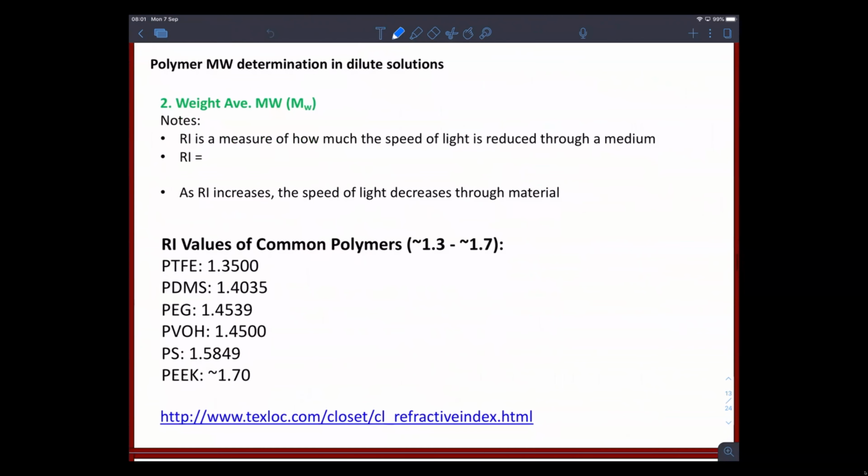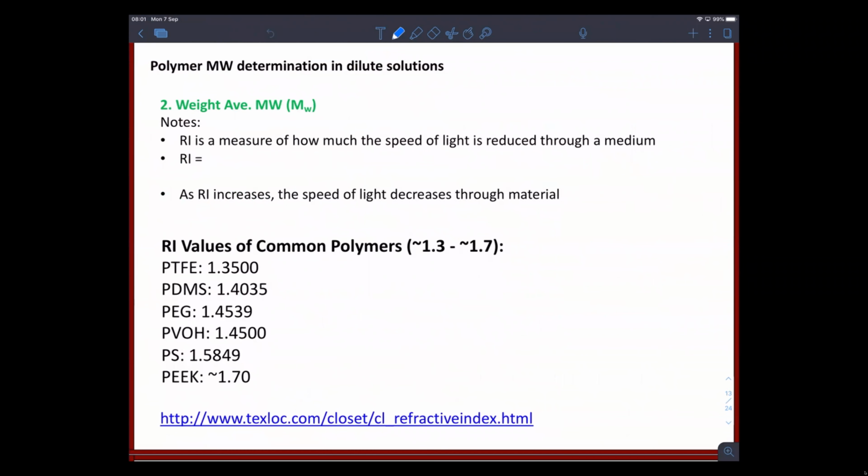It is a measure of how much the speed of light is reduced through a medium: the speed of light through a vacuum over the speed of light through a material.